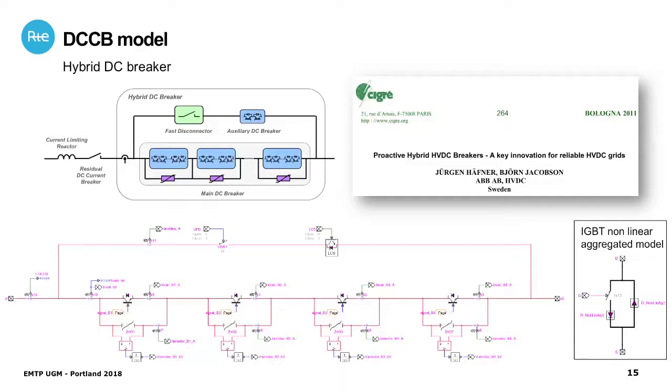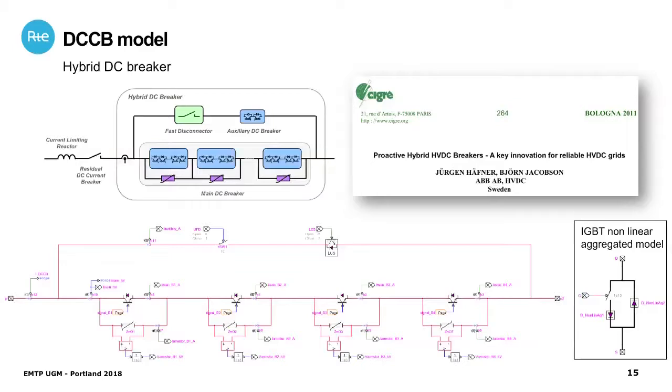When the DC breaker is operated, so you open it, the first thing is you operate the auxiliary DC breaker and the fast disconnector, so the current will go in the lower branch, and the different cells with the surge arrestor and the valve are opened step by step, and the surge arrestor will insert a high value of resistance in order to decrease the fault currents inside the DC line here.